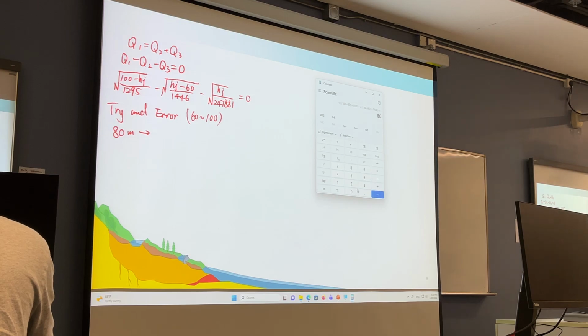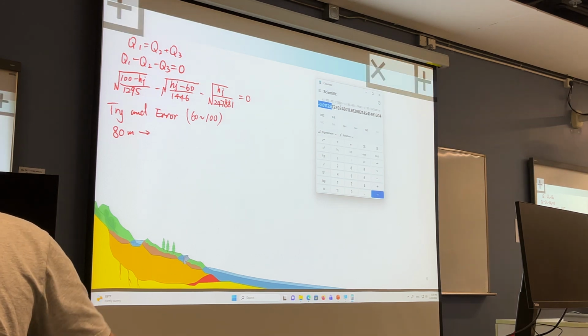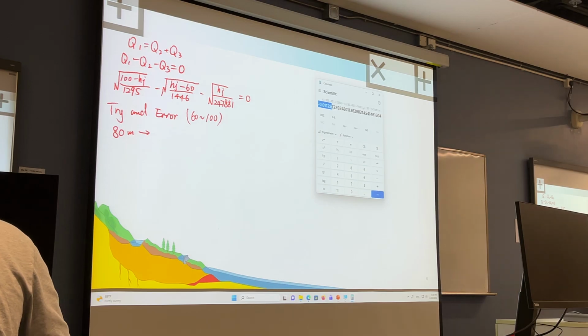80 over 247881, okay, close bracket and square root, work out is negative 0.11 something, okay. Let's check whether the calculation has some error, okay.